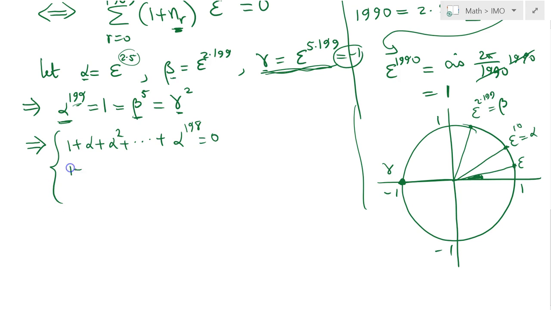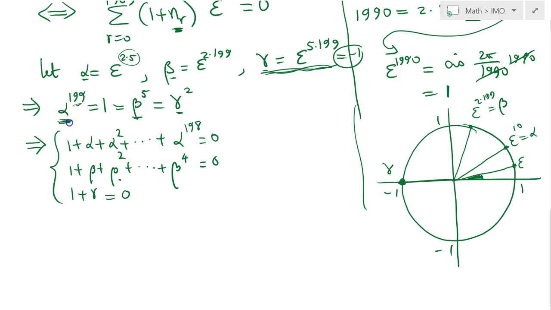In a similar way, 1 plus beta all the way to beta to the power 4 is equal to 0. And 1 plus gamma is just 0. Sorry for that, but the reasoning is clear.